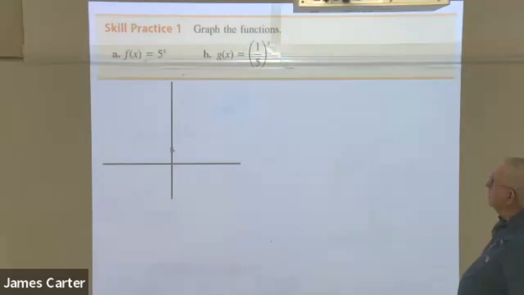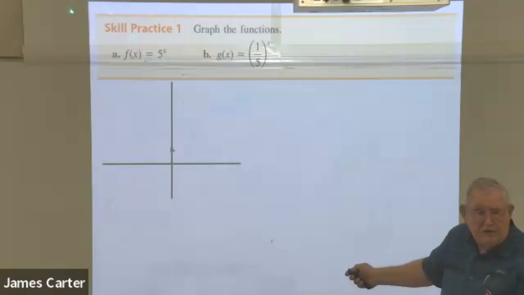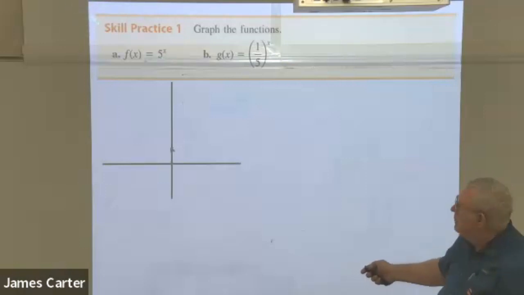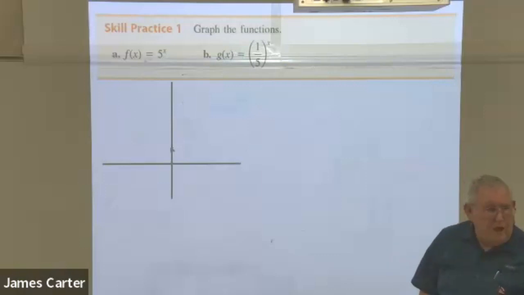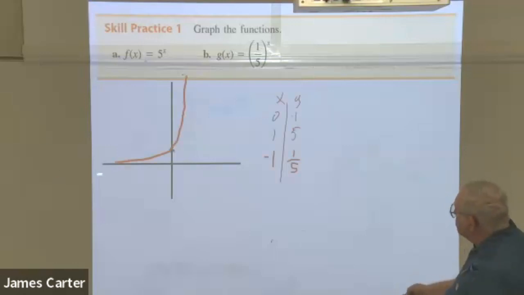Okay, what about this one? That can be renamed as 5 to the negative x. So if you're working smarter, not harder, you can graph this one, which is pretty easy to graph. Okay. And then just mirror image it across the y-axis instead of figuring them both out. Here's approximately what that one looks like.